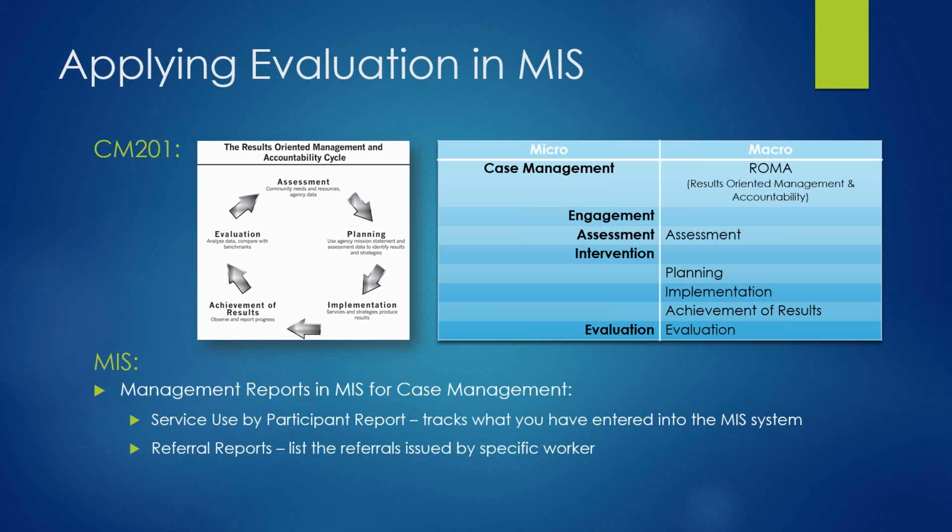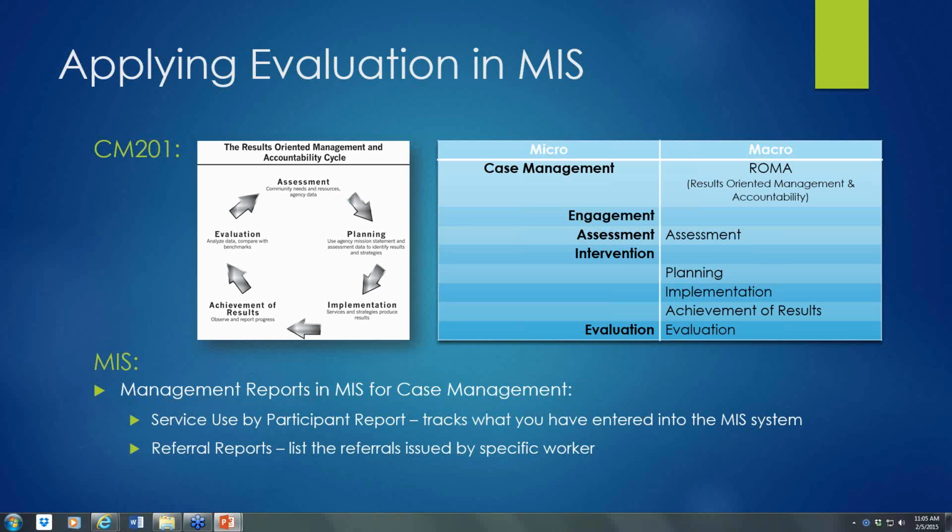And you can also see how it relates to case management. So case management is really the micro level, and then ROMA is really looking at the macro level. ROMA is kind of an agency framework, but case managers are very, very involved in the ROMA cycle. You just might not know it.